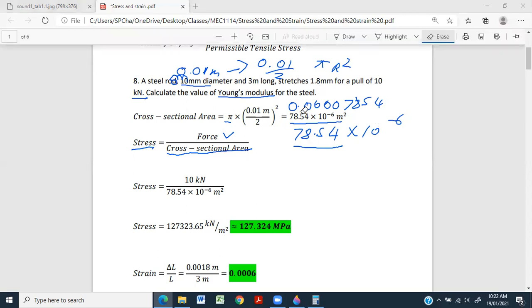You could write it like this if you want, 0.00078 if you want. Yeah, that's fine. Because I see Miss Sam got 0.7854 times 10 to the minus 4.